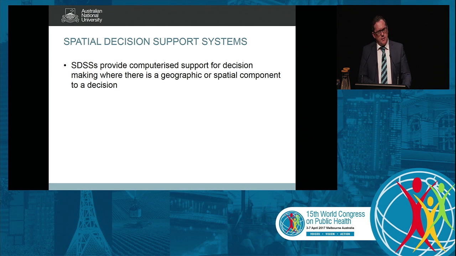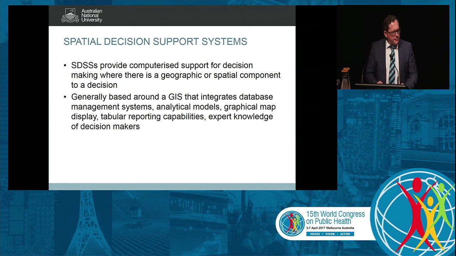So these are computerized systems that are designed for supporting decisions where there's a geographical component to that decision. And they're typically based around geographical information systems. So these are computerized databases which are similar to other types of databases, with the key feature being that information is geolocated and information can be linked according to location.